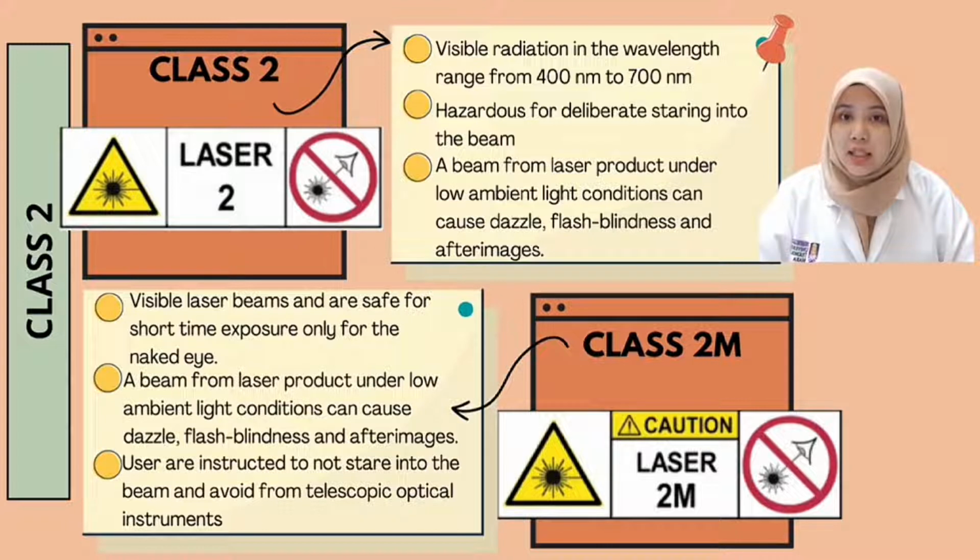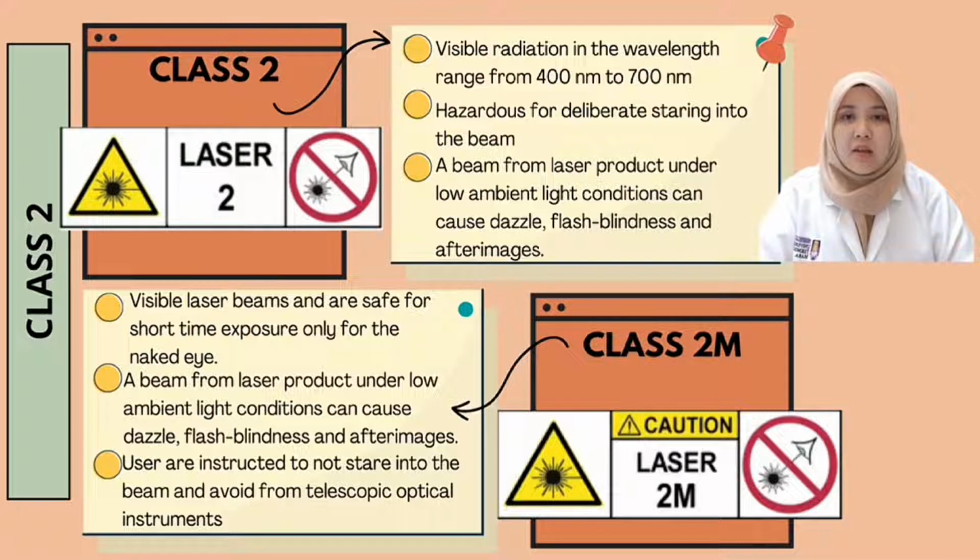In this class, laser products that emit visible radiation in the wavelength range from 400 nanometer to 700 nanometer are safe for momentary exposure but can be hazardous for deliberate staring into the beam. Moreover, the use of optical instruments does not increase the risk of ocular injury.